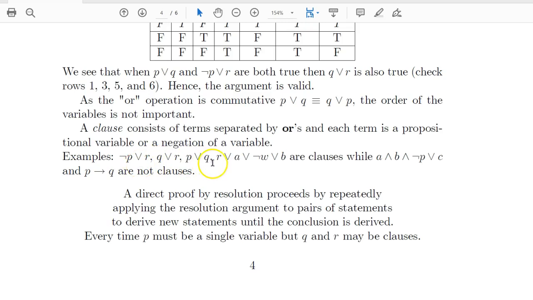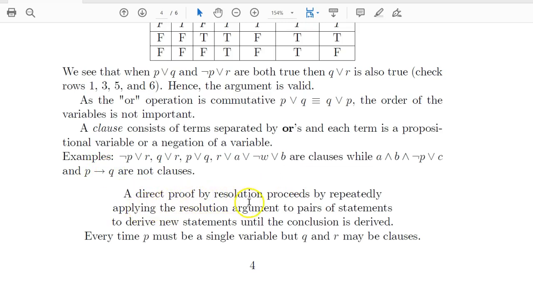This is a clause, this is a clause, this is a clause. But this is not a clause because we have conjunction here. This is not a clause because we have a conditional proposition.